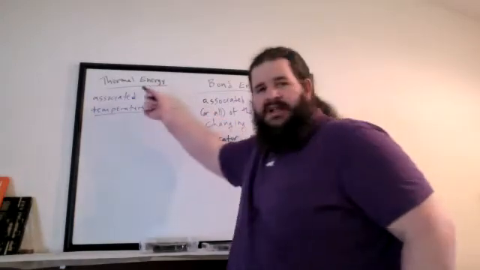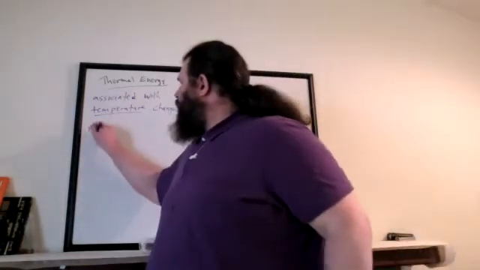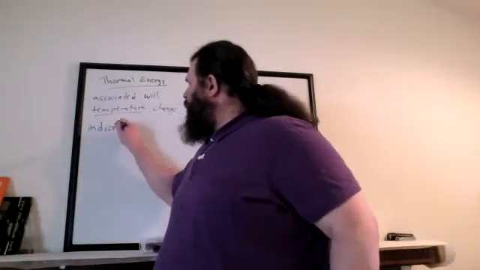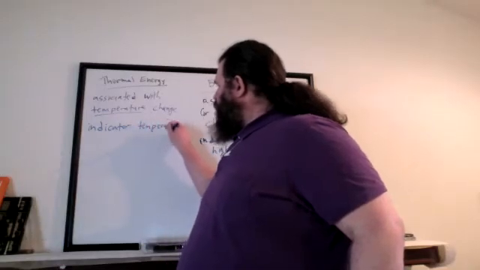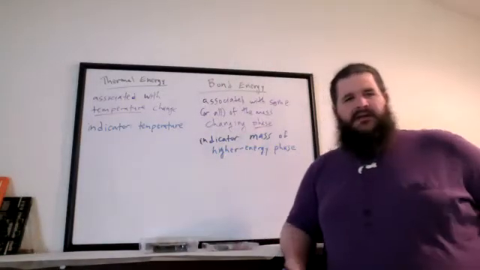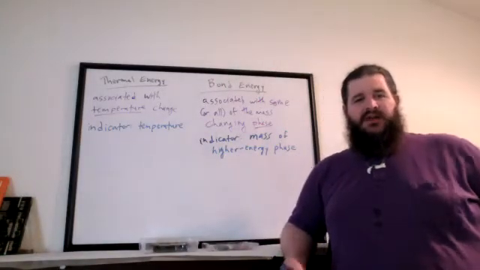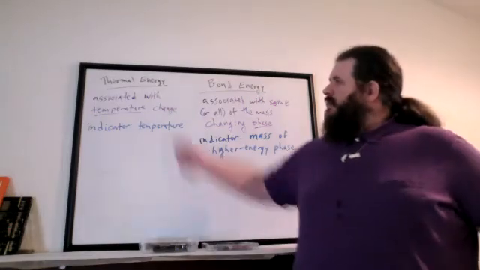And then for thermal energy, it's a bit simpler. It's just the temperature. And when we say indicator variable, we basically just mean a quantity you can measure that tells you that this type of energy is changing. You can't really directly measure energy.